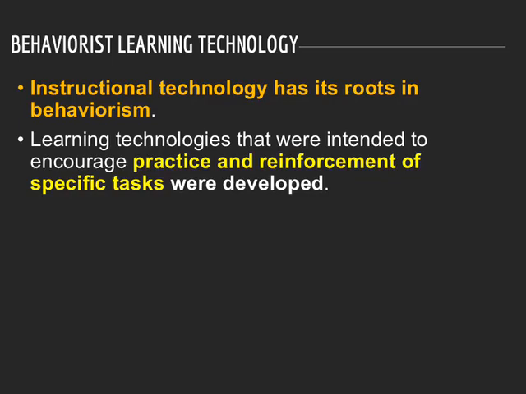Next is about how technologies has been utilized based on behaviorist learning theory. Instructional technology has its roots in behaviorism. Learning technologies that were intended to encourage practice and reinforcement of specific tasks were developed at that era.